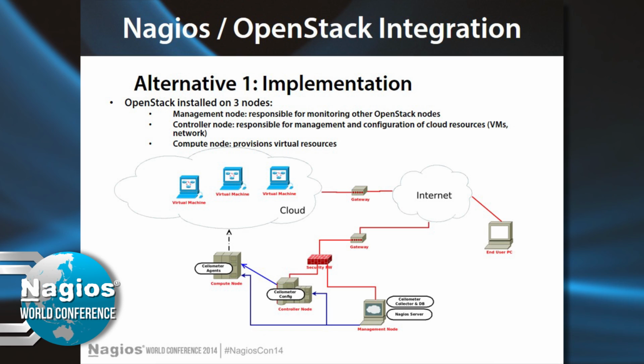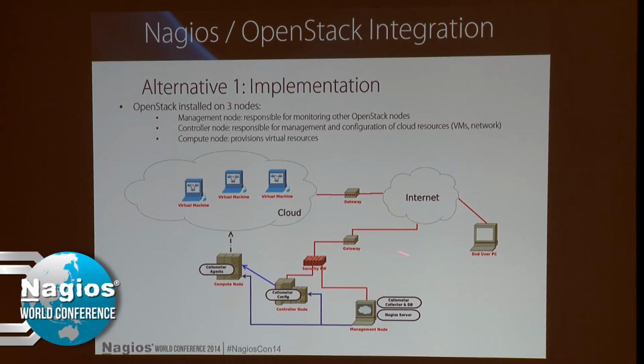Well, here is how it can be implemented physically. You have an OpenStack instance with a management node responsible for monitoring other OpenStack nodes. You have a controller node which is responsible for the configuration of these cloud resources, and you have a compute node which is provisioning these virtual machines.